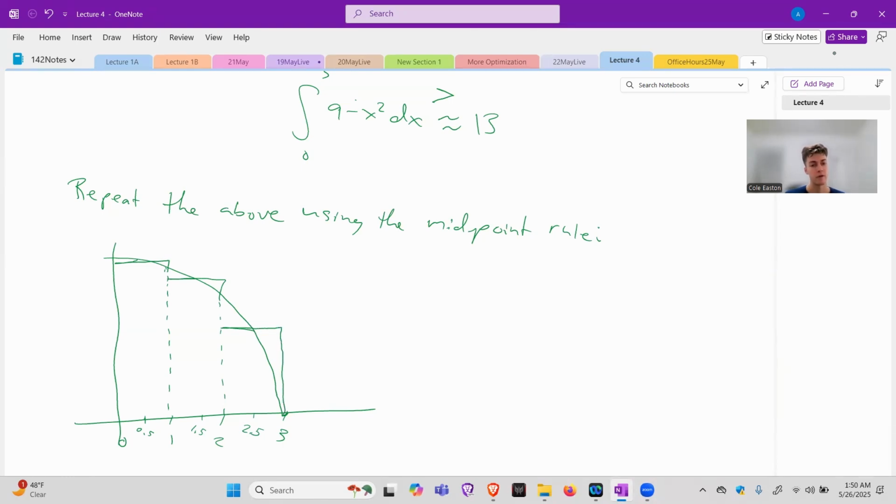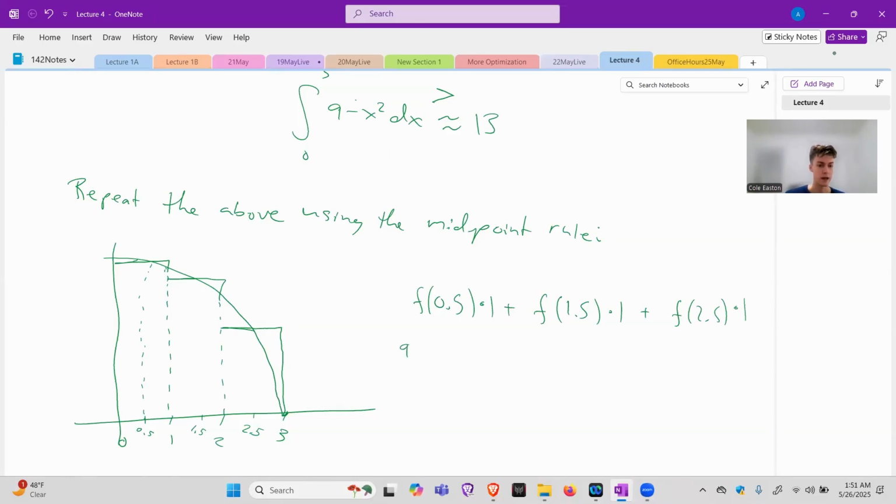And then we want to find the areas of each of these. So once again, it's the height of the rectangle. So the height of this rectangle, right, is exactly the height of the function when we plug in that 0.5. So it's f of 0.5 times that width, which is 1. And we're going to repeat the same for the other two midpoints. Once again, since we have a width of 1, I'm just going to ignore that 1 here.